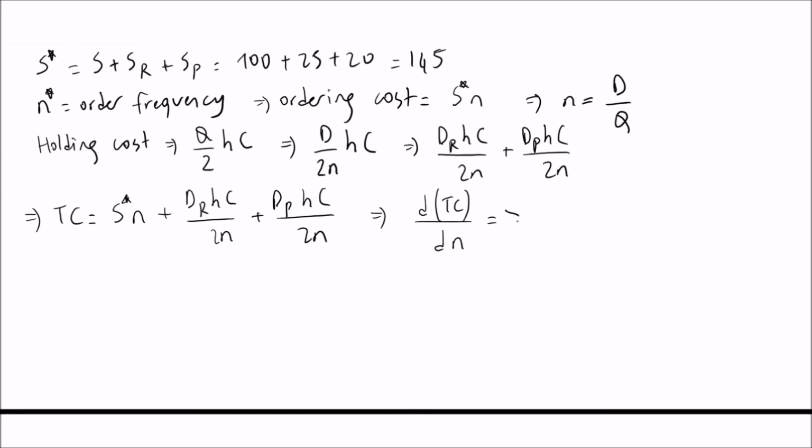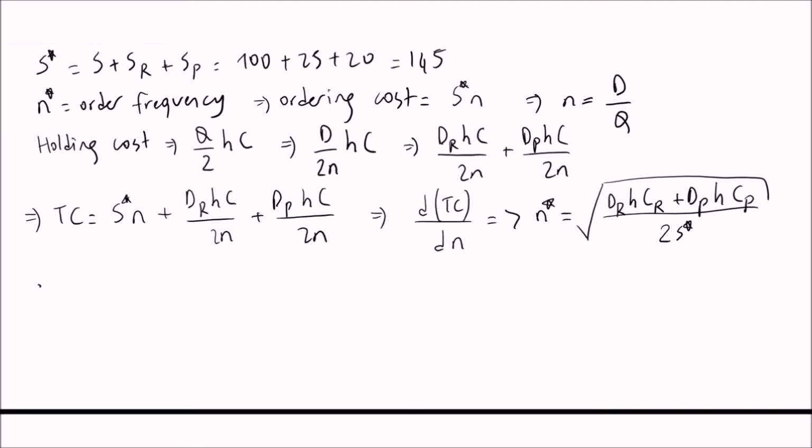Therefore, if we use this method, we are going to find N as this: DR times HCR plus DP times H times CP divided by 2S star.